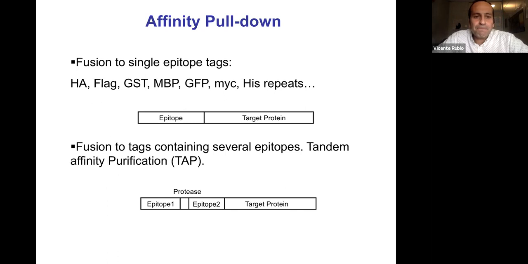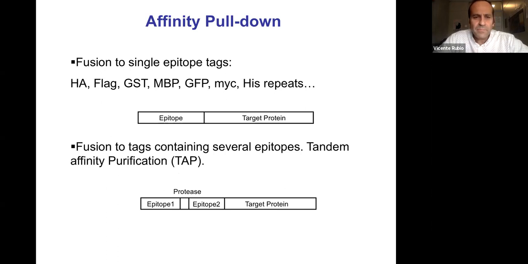And also the ones that we have been working a lot with are those based on the fusion of your protein of interest to two different epitopes, which allow tandem affinity purification by two different steps of affinity purification. And in the middle, there is a step of elution by cleavage with a specific protease. I will go into details later.